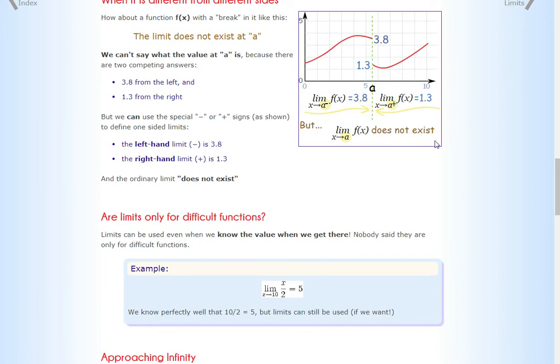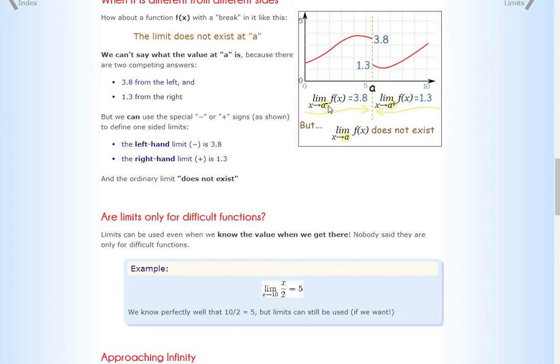One thing we can do is use one-sided limits, which have some special symbols, which you can see right here. This says the limit as x goes to a with a little negative above the a. That's going to represent a limit that's approaching from the left side.